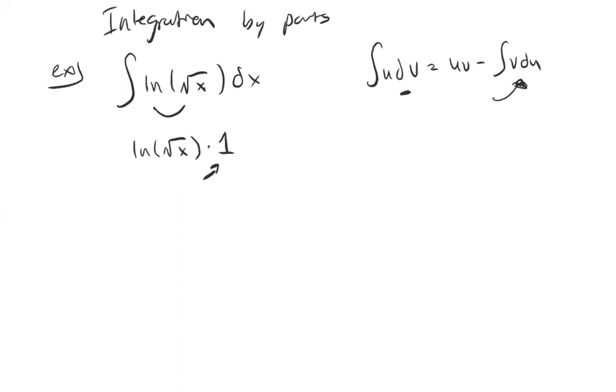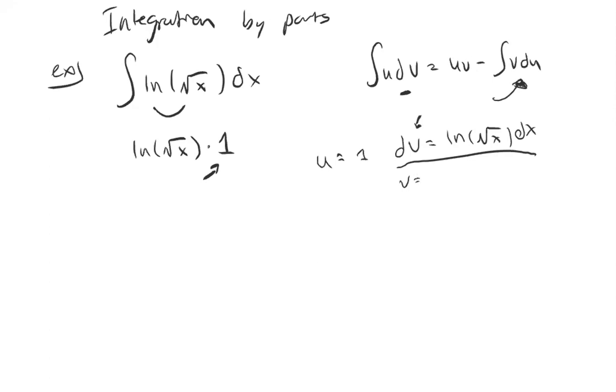So if we say, okay, well, u is 1 and our dv is ln of the square root of x dx, if we try this, well, we're kind of in the same boat. We don't know how to integrate this dv, because eventually we want to find v, so we're going to have to integrate this dv.